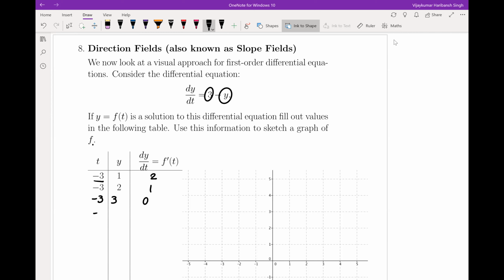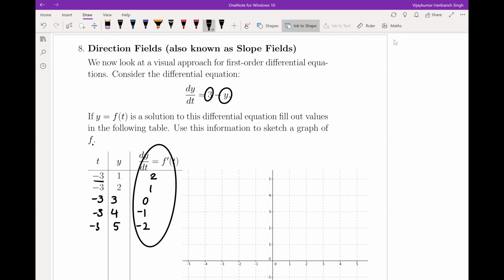Similarly, if you take y to be 4, you get minus 1. You take 5, you get minus 2. Let's fill in a few more values. So you see that the values on this side are independent of t.